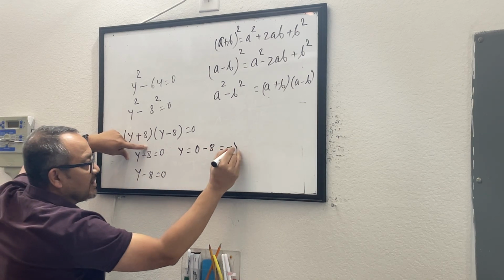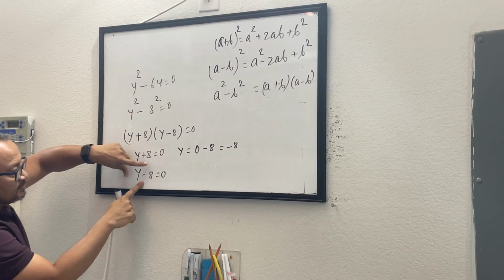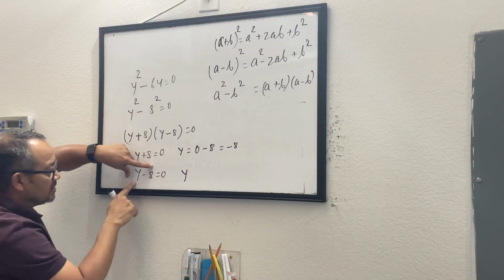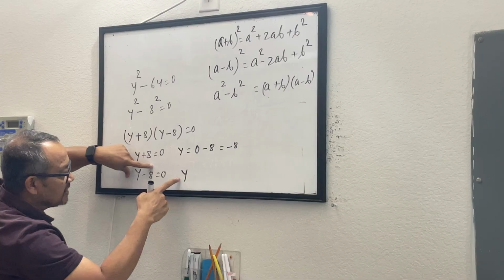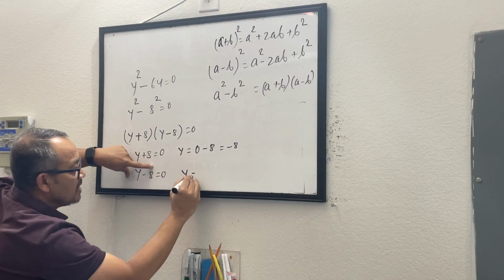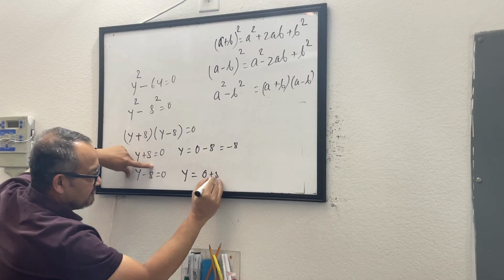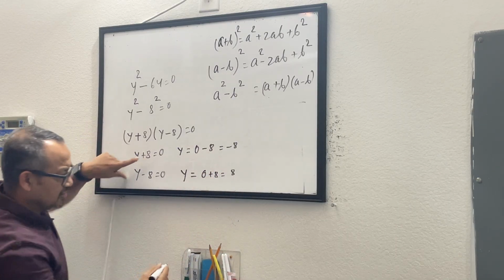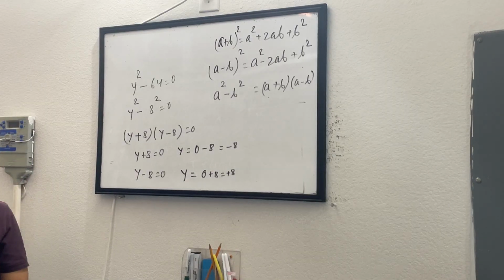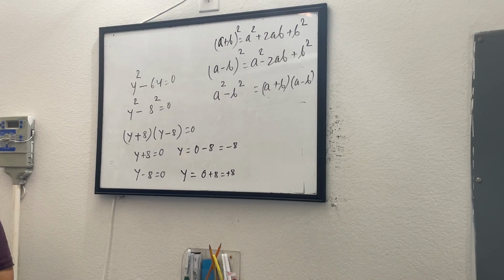So y equal to minus 8. When I am looking at this possibility, y minus 8 equal to 0. If I am keeping only y on this side and making this guy travel to other side of equal to sign, this changed from minus 8 to plus 8. So 0 plus 8, which is nothing but plus 8. Does this sound okay now so far?